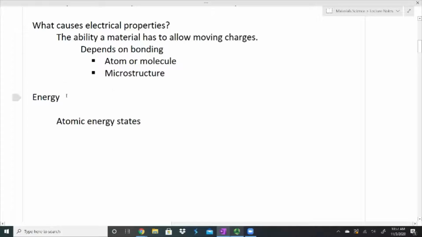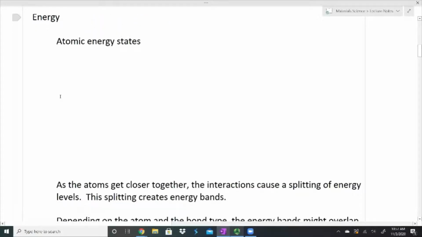And we're going to start with our energy. So we talked about this a long time ago, and you've done it in chemistry. I'm going to look at an energy diagram for one atom. So here's my energy.